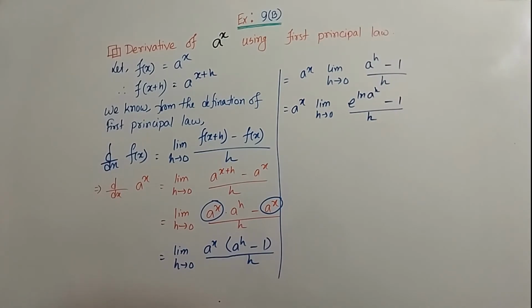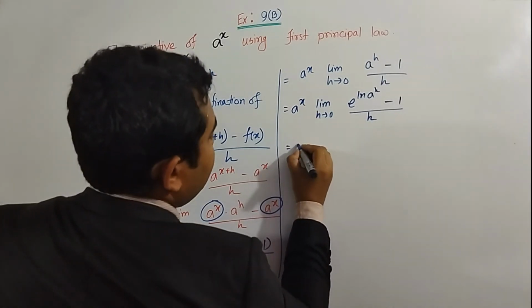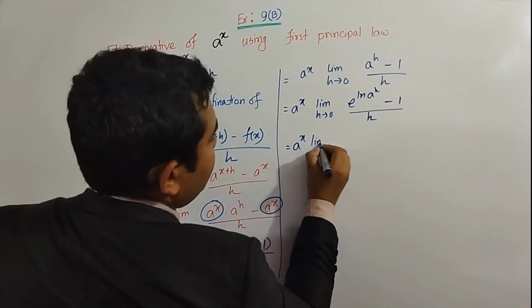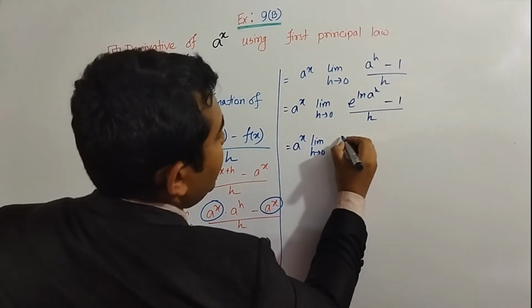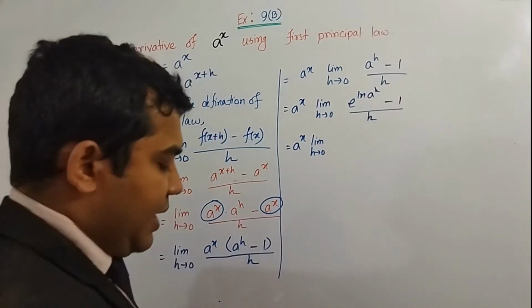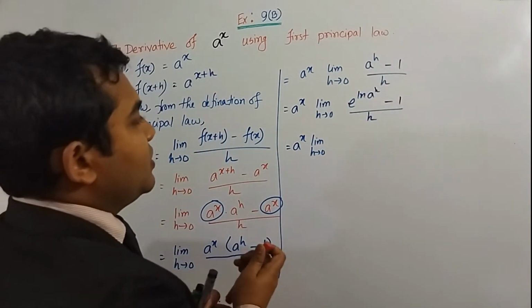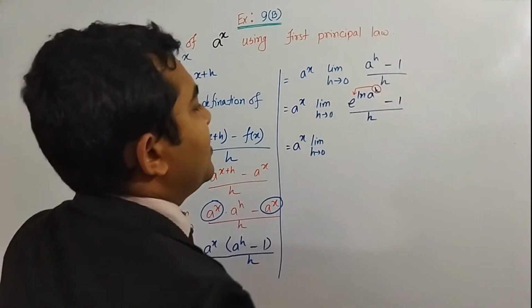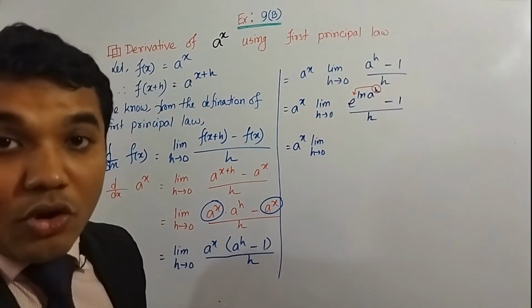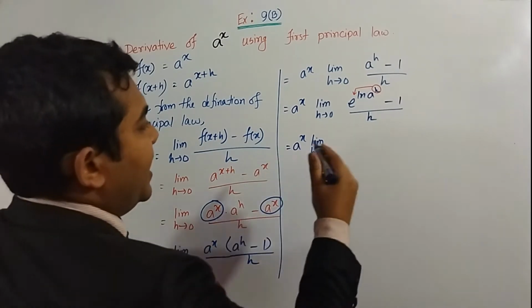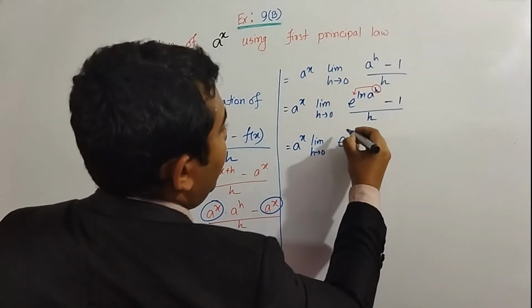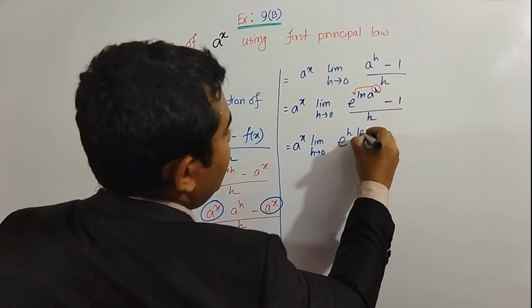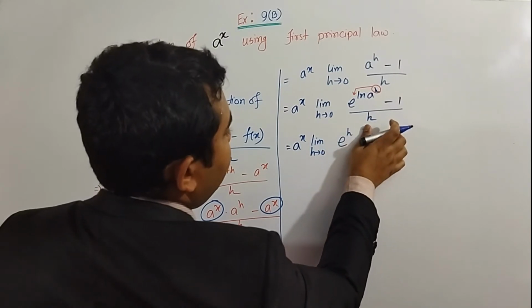Now, what can we write from here? Have you any idea? Exactly, h is the power, so it can come in front of the ln or log. So we can write e to the power h into ln a.